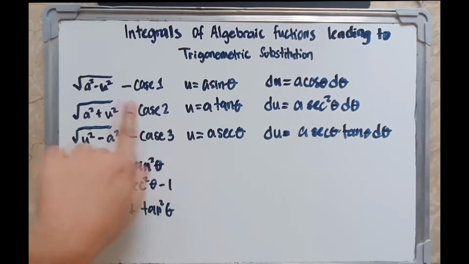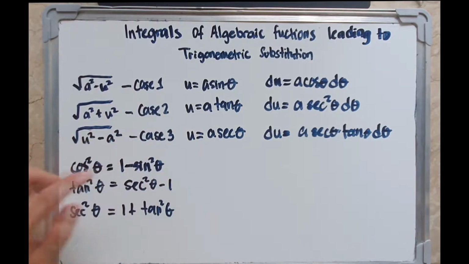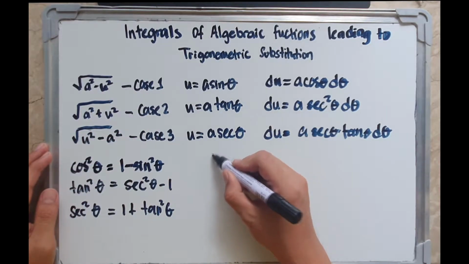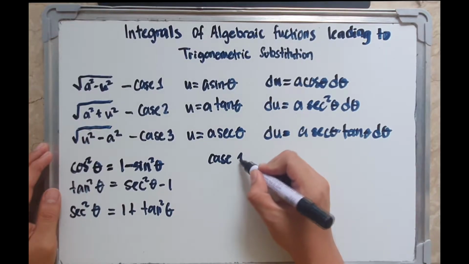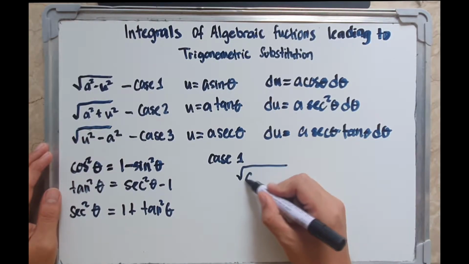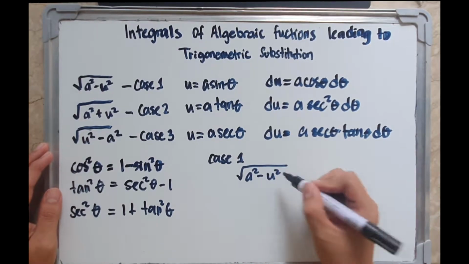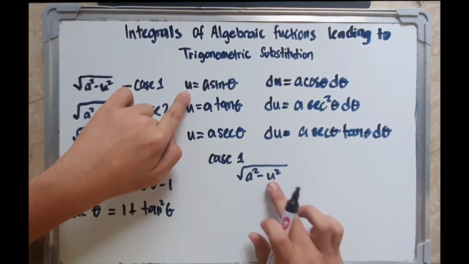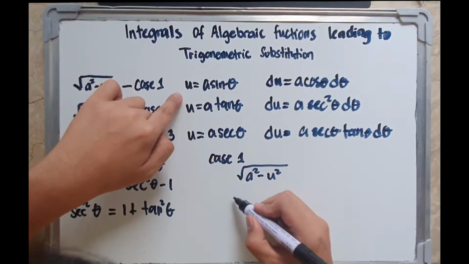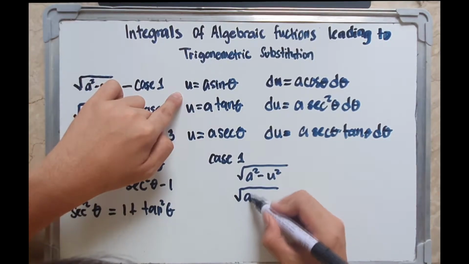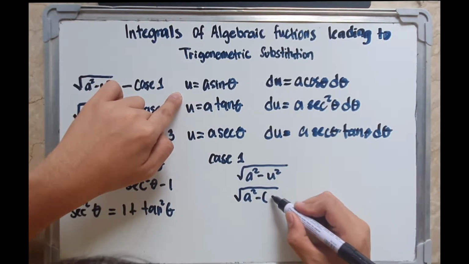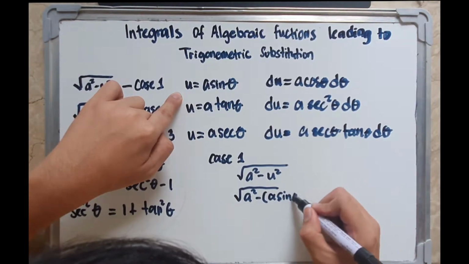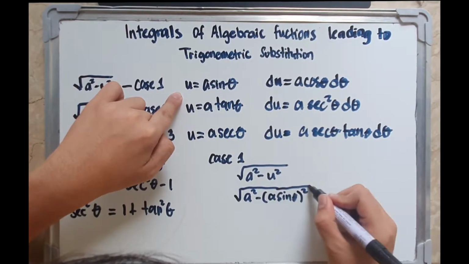Let's have an example for case number 1. So for case 1, we have the square root of a squared minus the u squared. So for case 1, we're going to substitute for the value of this u as a sine theta. The square root of a squared minus, we have the a sine theta squared.